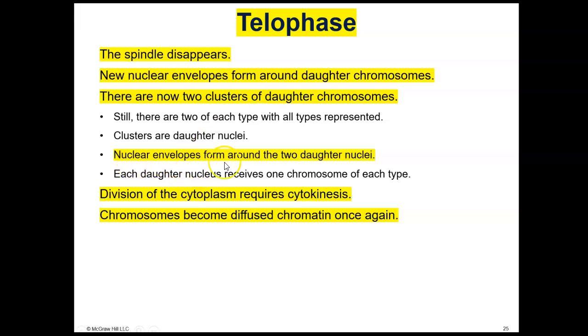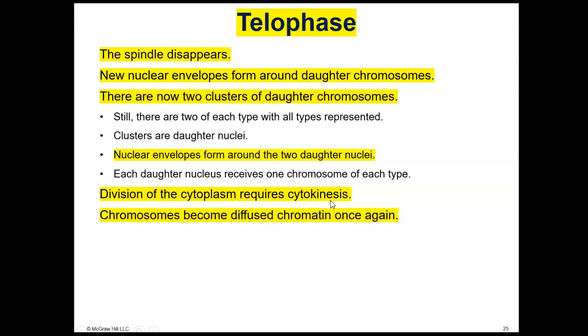Nuclear envelopes reform. Remember, in prophase they fragment. Now they're going to reform, which we said up here. So the nucleolus will reappear, which I don't see listed here, but the nucleolus will reappear inside the nucleus. Cytoplasm will divide, and that's called cytokinesis.